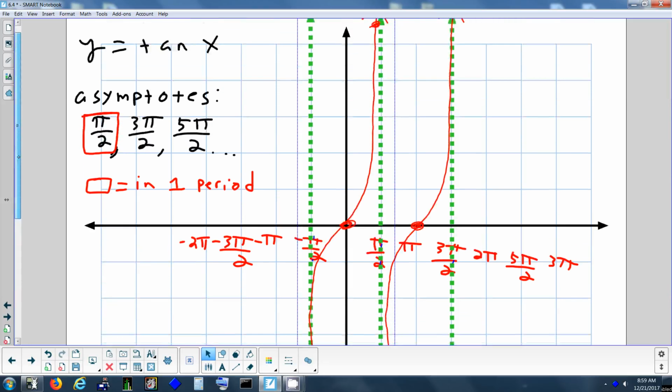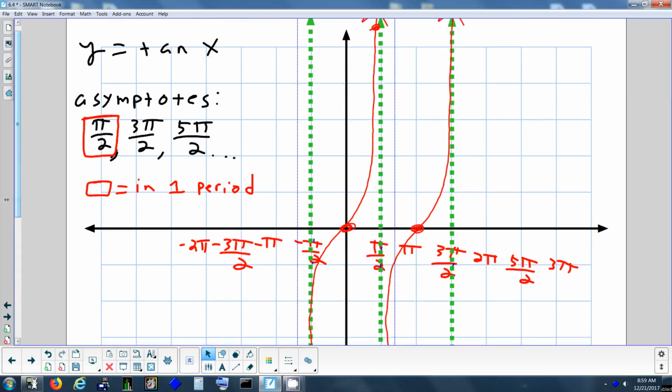Now, if I asked you how many asymptotes are in one period, what would you say there? How many asymptotes are in one period of tangent? Well, an asymptote can't be in both.